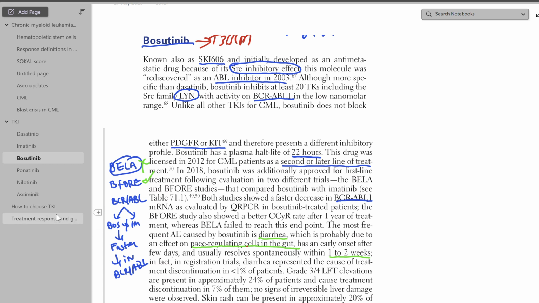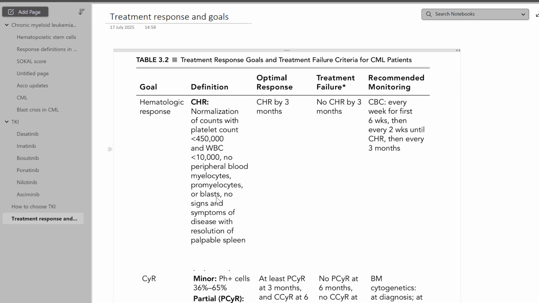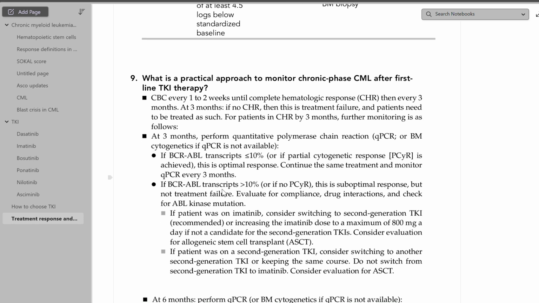Okay. Now we get a complete hematological response or major molecular response. But what's the practical approach?